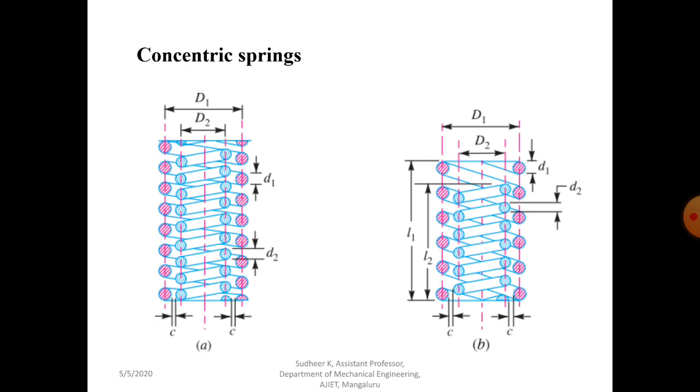But if you use a concentric spring and one spring fails, the load will be carried by the other spring. A fail-safe system is one that avoids total failure of the system. This is one of the important types of spring, commonly used in most applications.